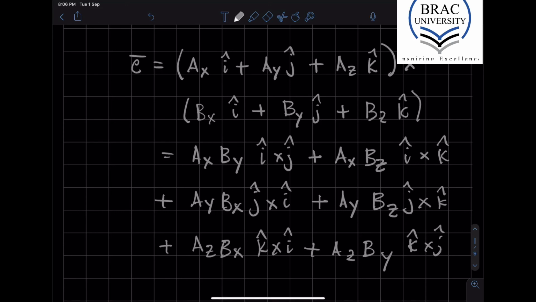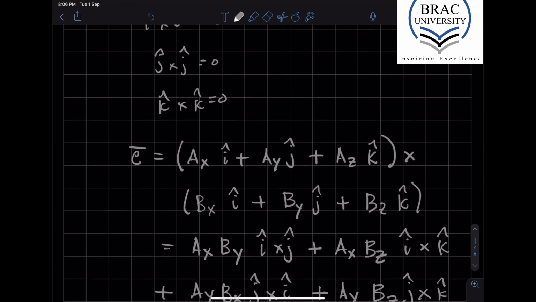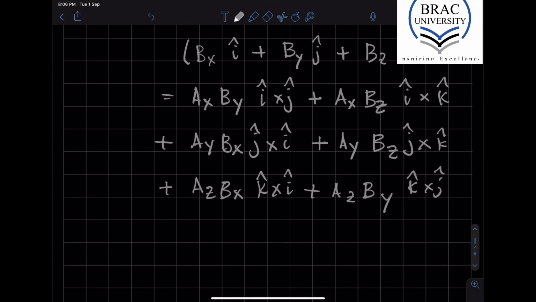Now we can use these relationships and simplify this.